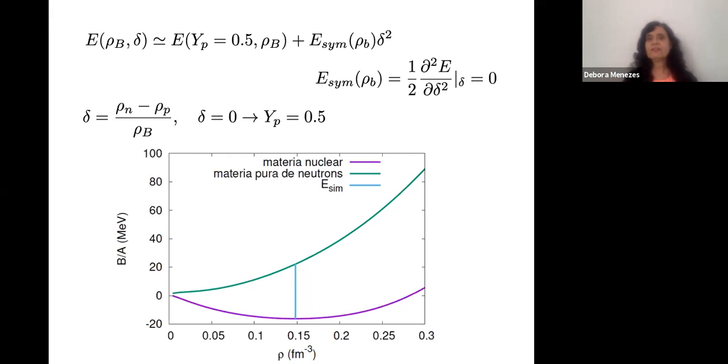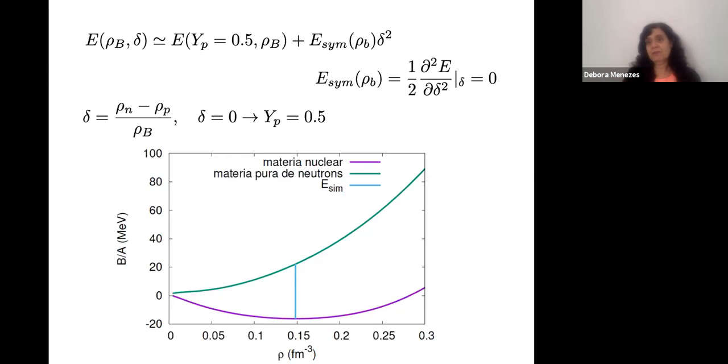So this symmetry energy is simply the second derivative of the energy density with respect to the asymmetry taken at zero asymmetry, where asymmetry is the difference between the densities of neutrons and protons. If the system is symmetric, the density of neutrons is equal to the density of protons, and delta is equal to 0, which means that I have a proton fraction equal to 1/2.